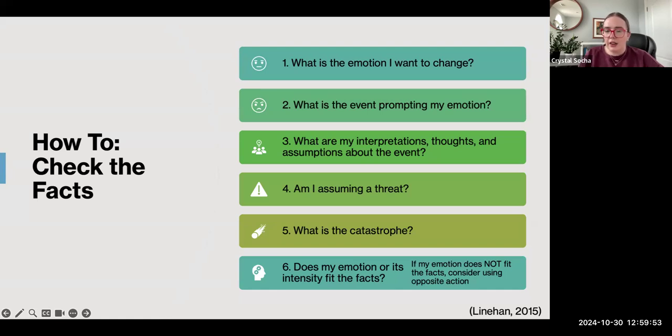Think about how great those outcomes might be, how effective having this emotion right now is in your life. So is it effective to remain sad for the next month because my friend didn't invite me for ice cream? Probably not. So being able to talk through with someone, okay, I was able to explore all these things. Maybe my emotions don't fit the facts.